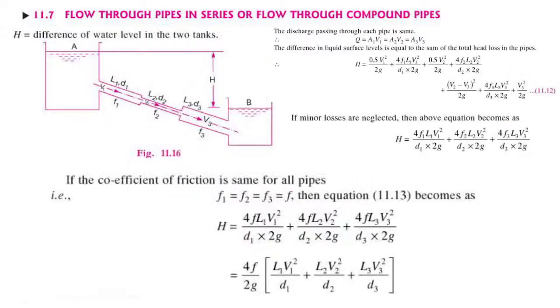Now let's proceed: if such a kind of problem comes, how to solve it in a simpler manner, and how we can obtain, in most cases our main target is to obtain the difference of head or the head losses, right? The difference of water level or the head losses, that is the moral of the story.